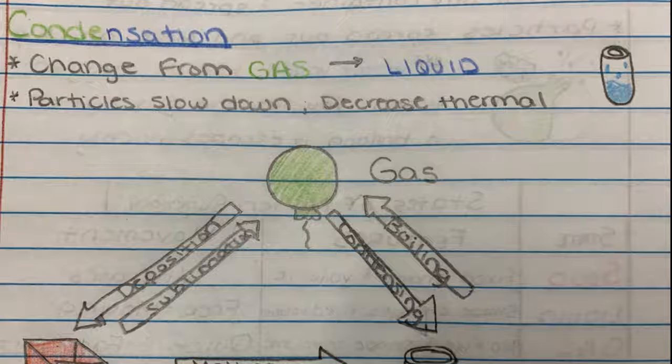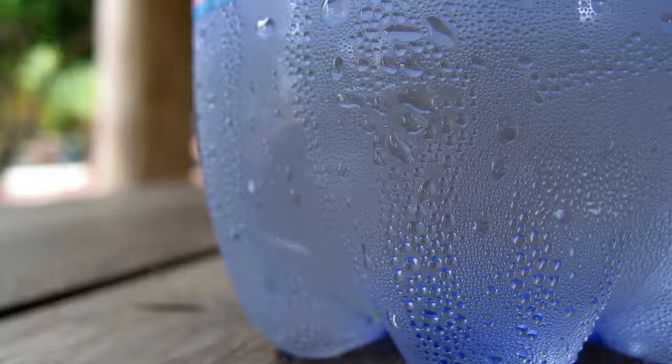This is the change from a gas back into a liquid, which is kind of the reverse of what we've talked about before. Condensation is responsible for a water bottle sitting outside in the warm heat getting little drops of liquid on the outside.